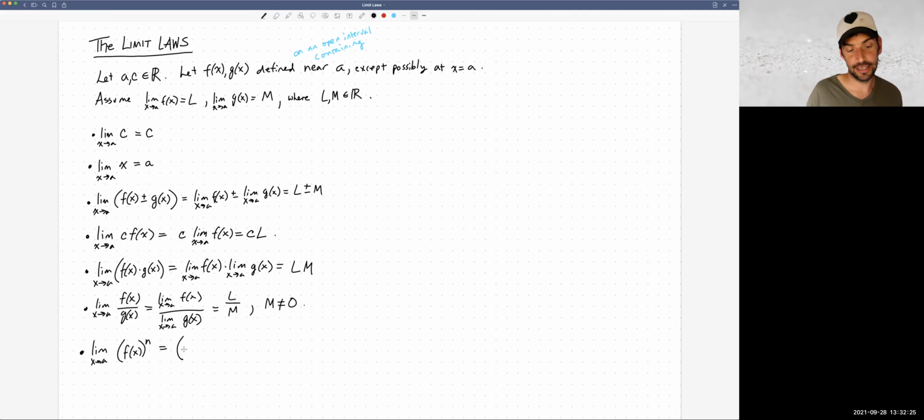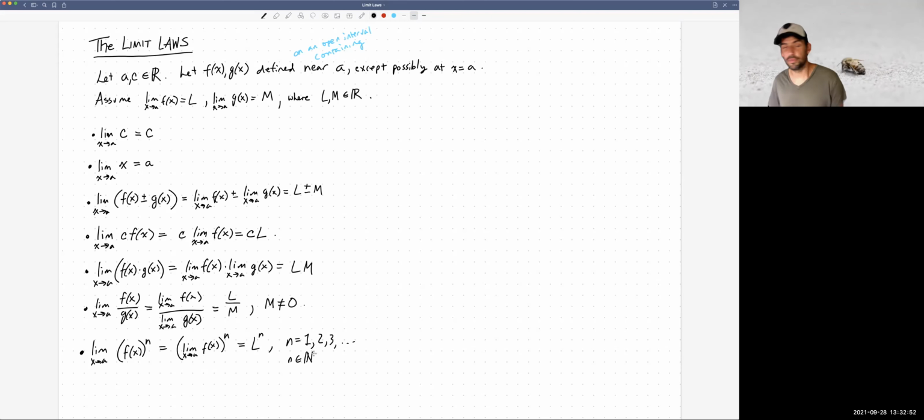We can take the limit first and then use the exponent, and we could also write that as L to the n. This is where n is a positive integer. Some texts use the symbol capital N, some include 0 in that, so that's not standard. Let's do one more.